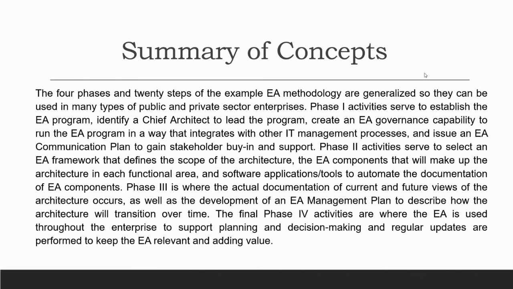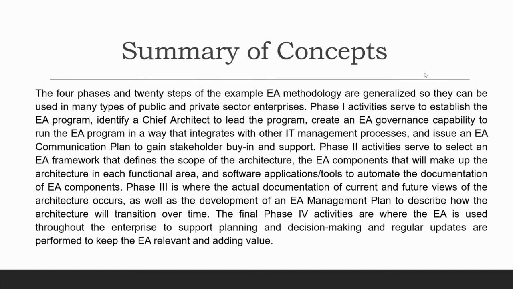In summary, this topic provides a detailed approach for the execution of an EA program and the accompanying documentation tasks. The four stages and 20 steps of the sample EA approach are adapted so that they may be applied in a variety of public and private sector companies.